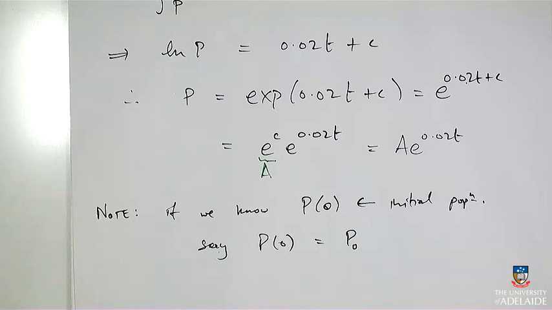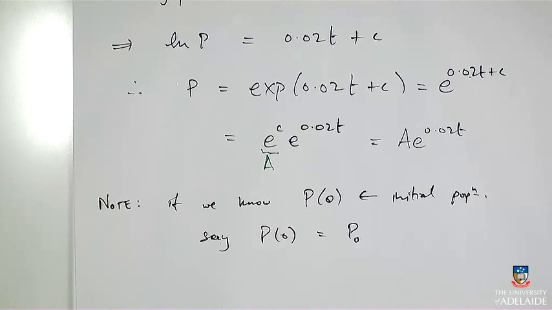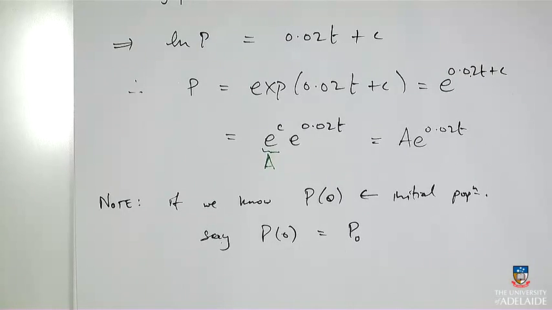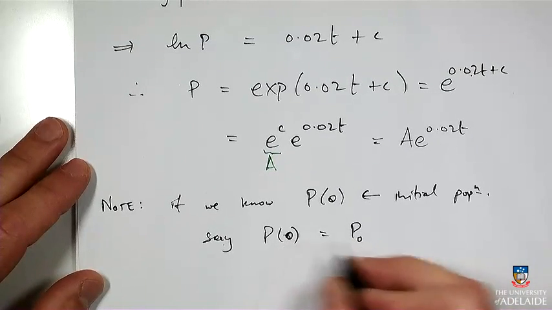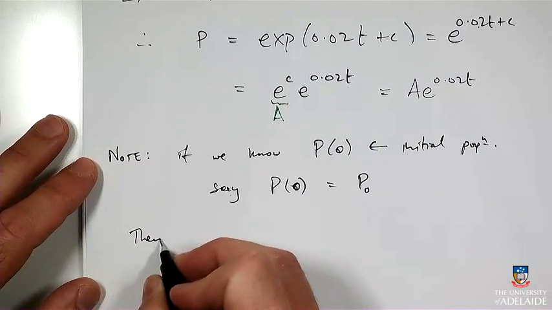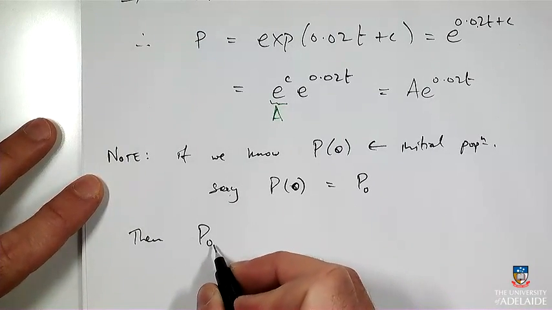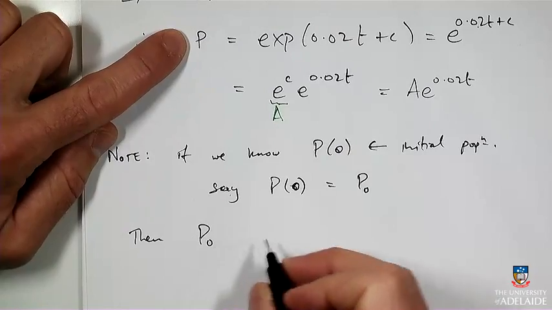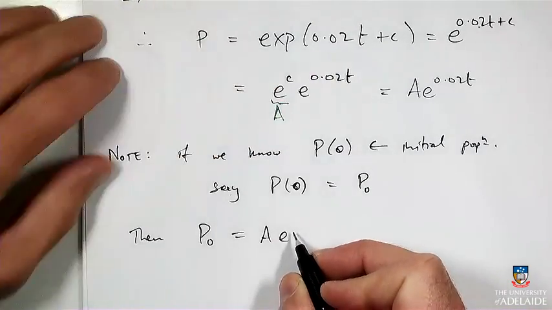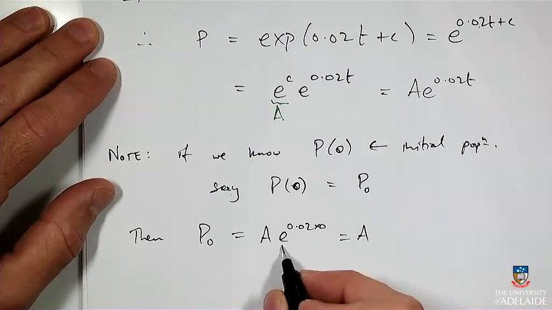So this means p at t equals 0, and this is a number that I have called p sub 0, some number like 10. If we know this number, then if we put this into the equation we get p naught, which is this thing evaluated at 0, equals a times e to the this times 0, which is a, because that's 1.